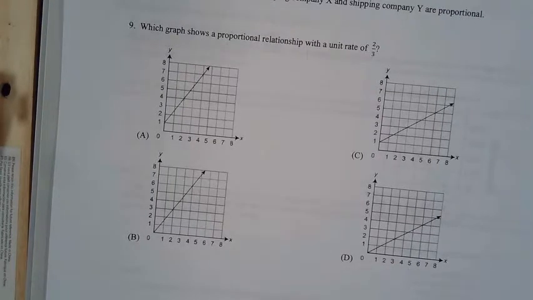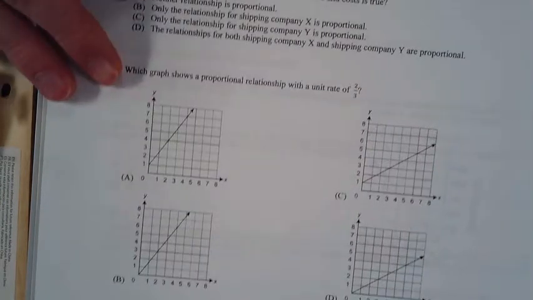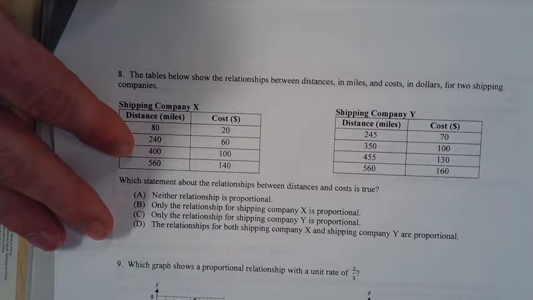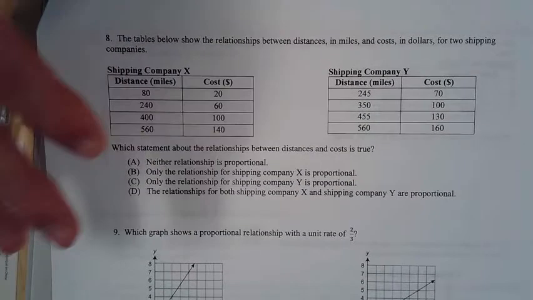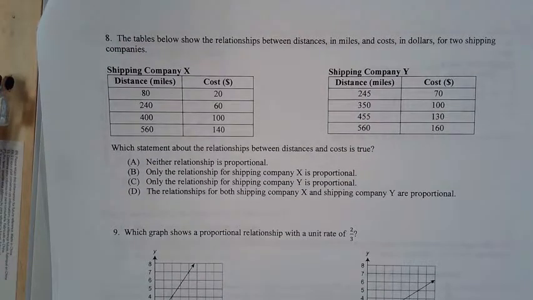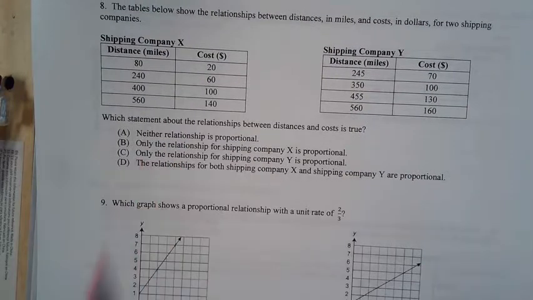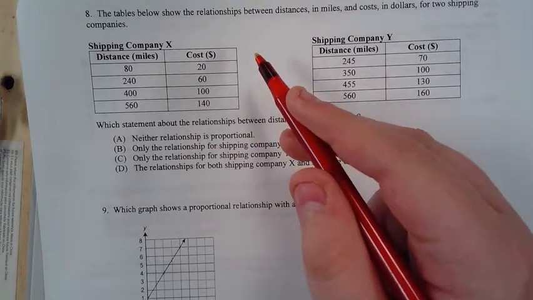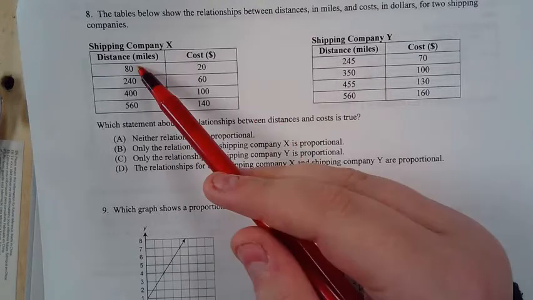Number 8. The tables below show the relationships between distance in miles and cost in dollars for two shipping companies. So what I did was I looked at company X first, and I did 80 divided by 20, other way around, 20 divided by 80.